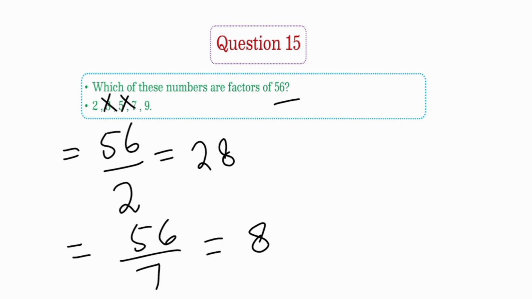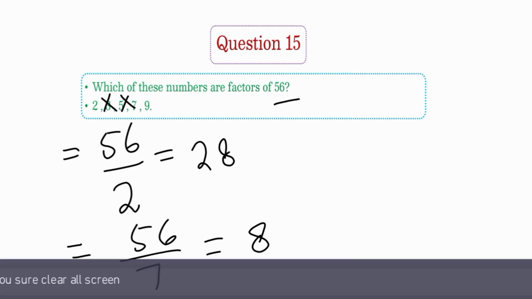That means only two numbers. 9 is also not a factor of 56, because if you divide 56 by 9, you will get the answer as a decimal number. So that's why 2 and 7, only these two numbers, are factors of 56.